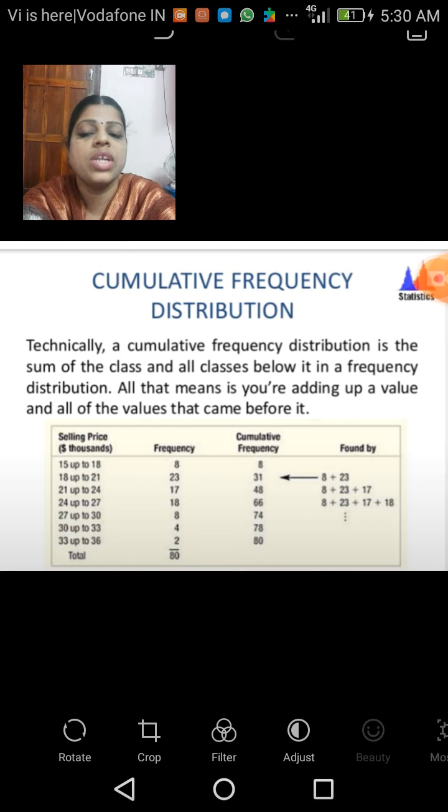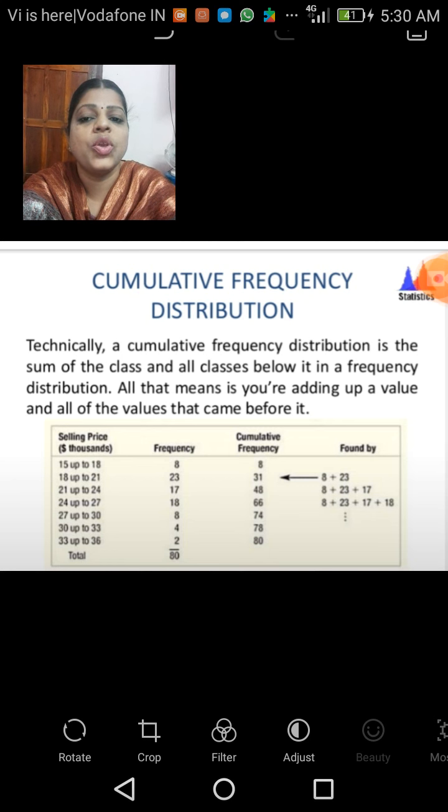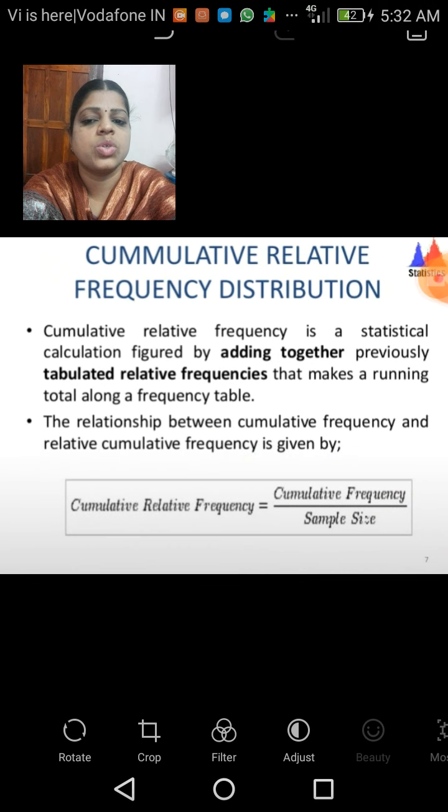So in this manner, to find out the cumulative frequencies, we have to add consecutive values, proceeding with the succeeding one. And mostly these cumulative frequency values we use to depict graphically in the diagrams also.